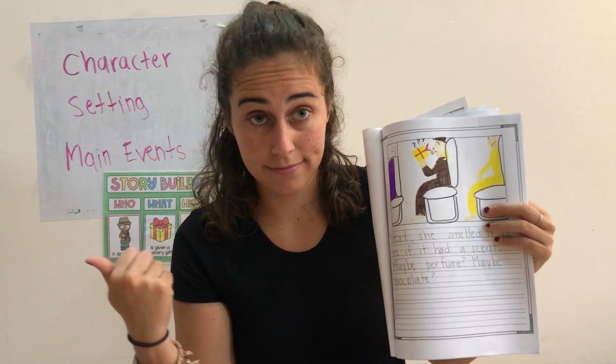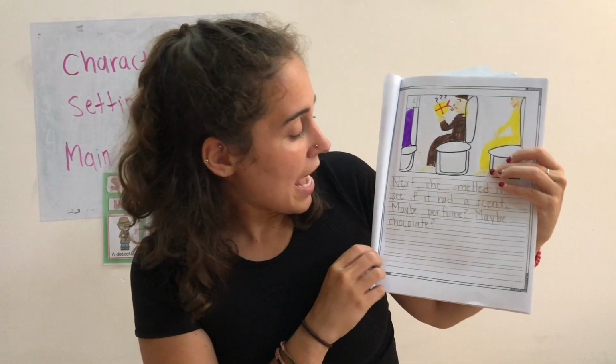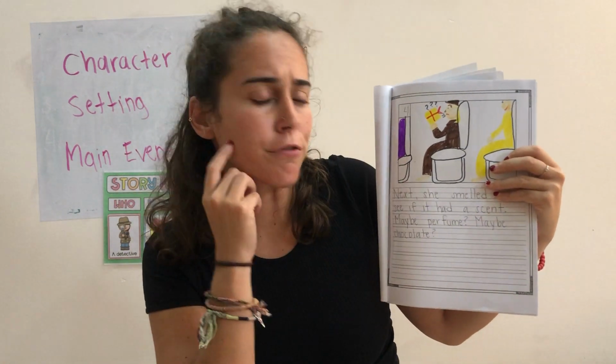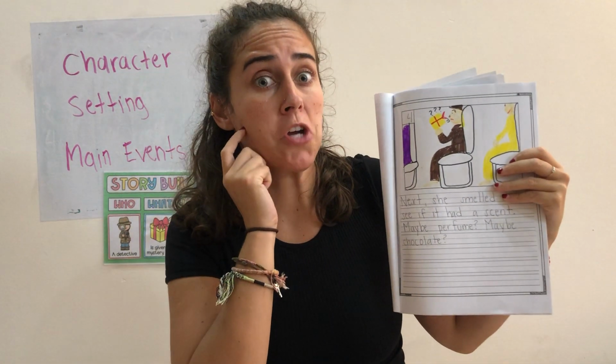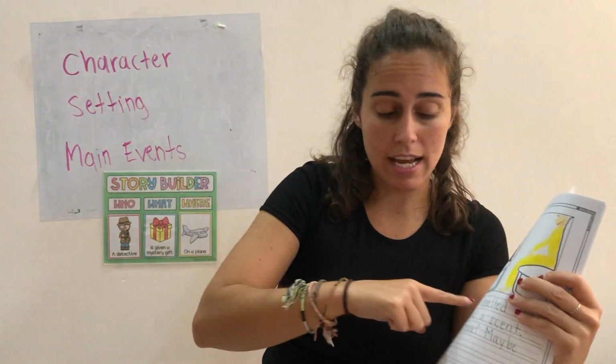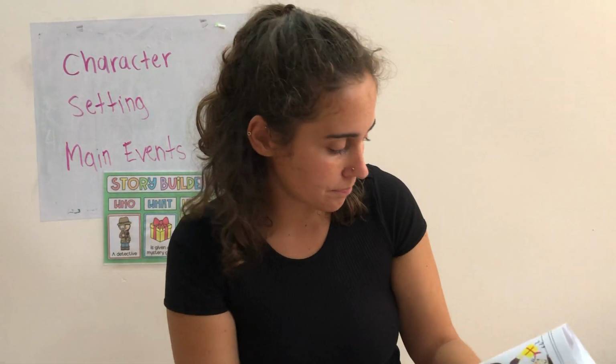Next, another transition word. She smelled it to see if it had a scent. Maybe perfume, maybe chocolate. What could it be? Character, detective, on the airplane, smelling the box.